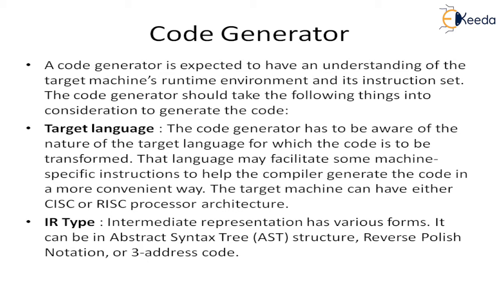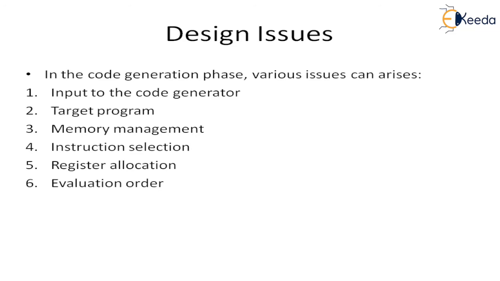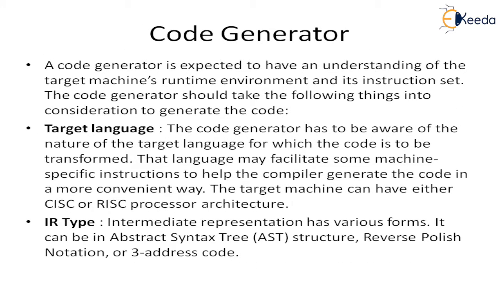So code generation basically generates the code using the following things: the target language, intermediate representation type, selection of instruction, register allocation, and ordering of instruction. Under that, for the target language, the code generator has to be aware of the nature of the target language for which the code is to be transformed.